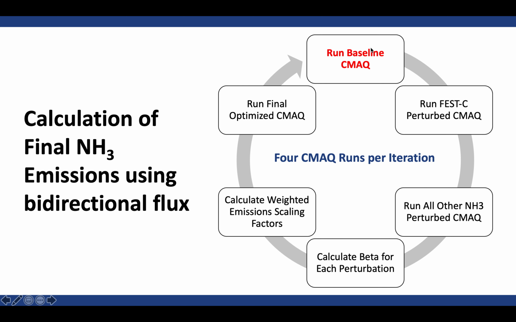So now I just want to quickly walk through each of these steps so you can see how we're doing it, and then finally get you to some results. So the first step is to perturb the FEST-C inputs. The variable we're perturbing is the 0 to 1 centimeter ammonia, or L1NH3, and we're increasing this by 20%.